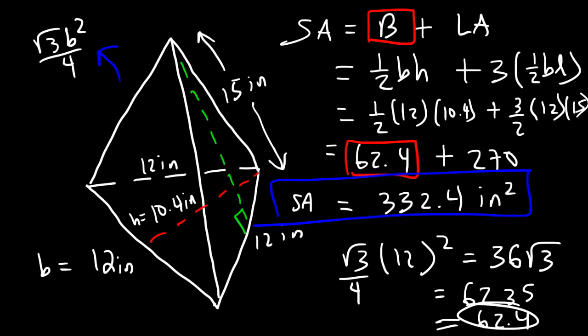So you should get the same value. So this height is not an exact value, it's a rounded value. But the answer for this problem is 332.4. That's how you could find the surface area using that equation.